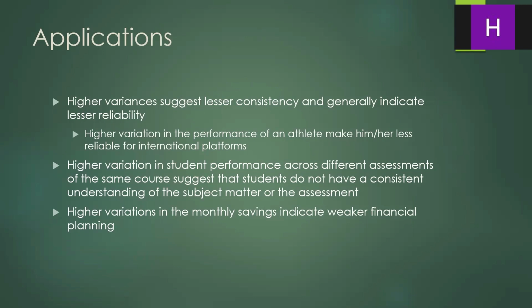Similarly, another example: if there is high variation in students' performance across different assessments of the same course, it indicates that the students' understanding is either not consistent, good in some places and bad in others, or there's some problem with the assessment design. It suggests that there's a problem in the system, which is either that the content is not being understood well by the students, or that the assessment design has flaws. So it is actually suggestive of some problem somewhere in the loop.